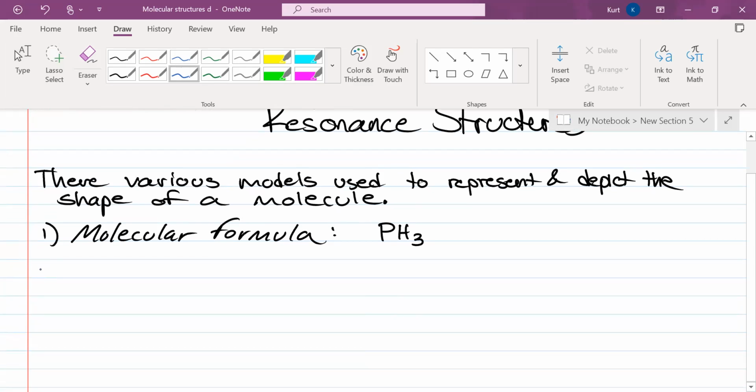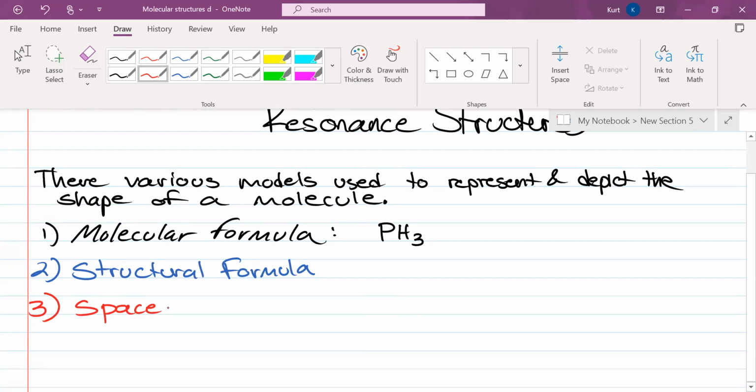Number two, you could have the structural formula. Number three, you've got the space filling model.